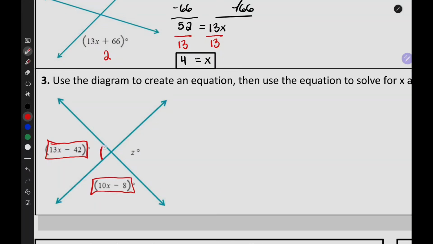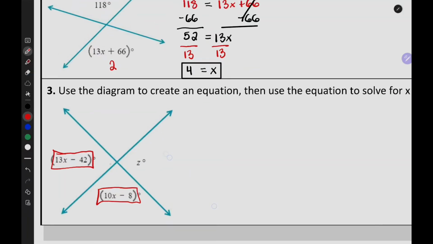Well, they're adjacent angles. They form a line. So I can say that this is angle 1, and this is angle 2, and that the measurement of angle 1 plus the measurement of angle 2 is equal to 180 degrees.